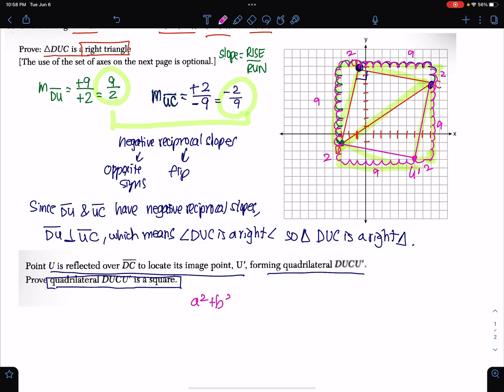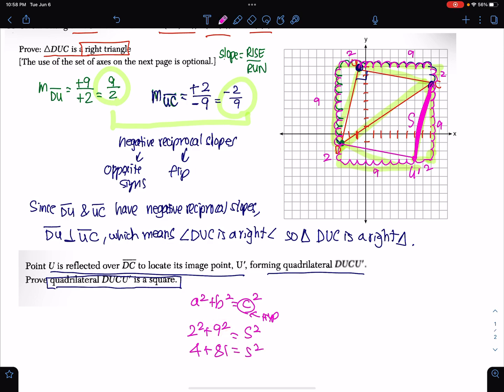A squared plus b squared equals c squared. Remember, C is our hypotenuse, and that's actually the side of the square. So let's call that S. Now, the order for the legs doesn't matter, so I'm just going to put 2 squared plus 9 squared. 2 squared, that's 4. 9 squared, that's 81.